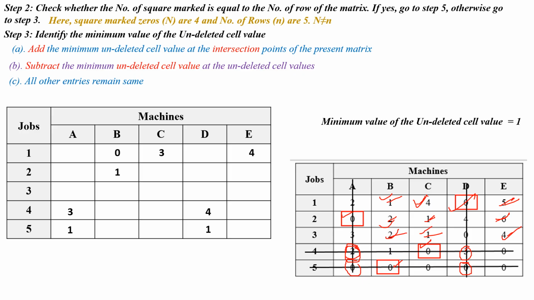Next 2 minus 1 is 1, 1 minus 1 is 0, 6 minus 1 is 5. Next we observe the job 3 row, where the undeleted cell values are 2, 2 minus 1 is 1, 1 minus 1 is 0, and 4 minus 1 is 3. The remaining values we should not change, so keep the same values.